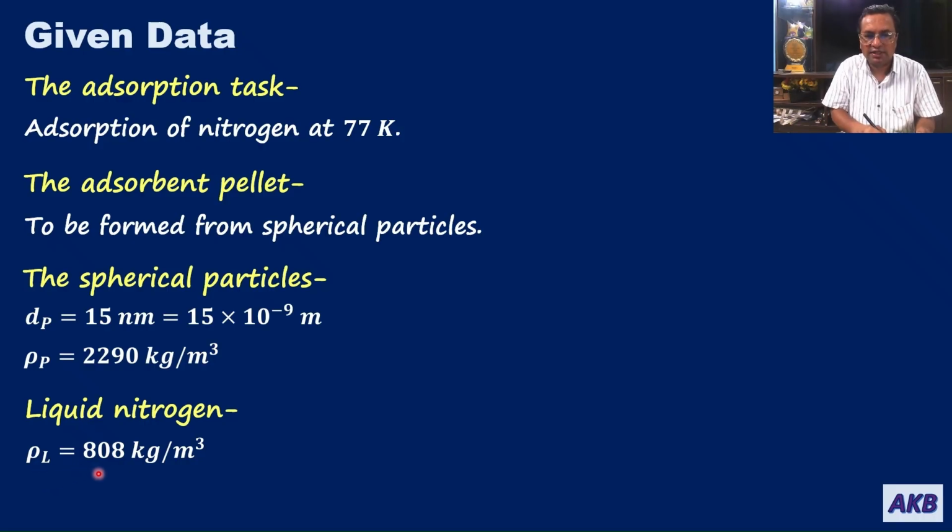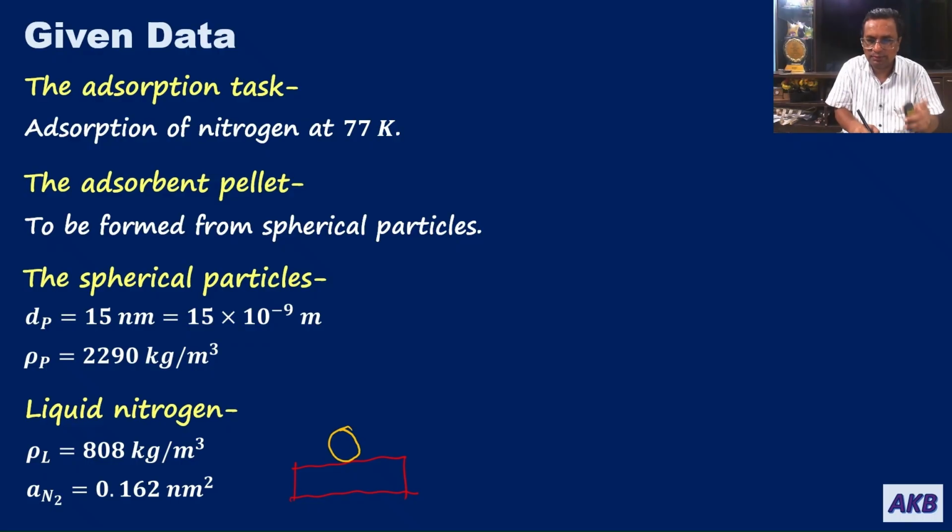Rho L is 808 kg per meter cube, and AN2 is nothing but the area occupied by one nitrogen molecule on the surface of the adsorbent. So when nitrogen molecules go on the surface of the adsorbent, the area occupied by each molecule is 0.162 nanometer square.